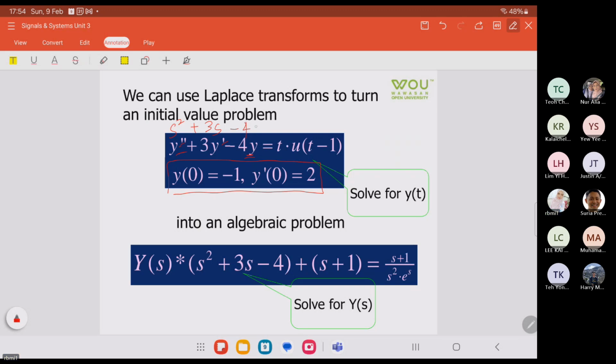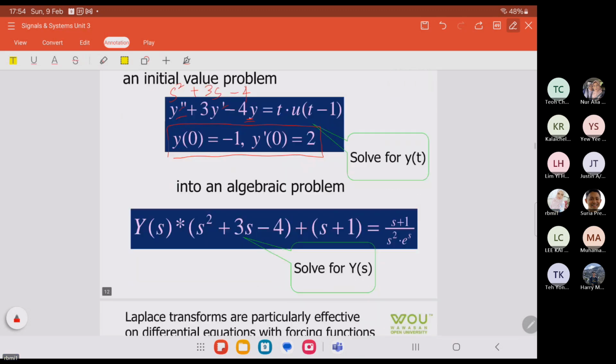So from there, s squared plus 3s minus 4 comes from this one. We can solve this to get the roots. There are a few conditions for the roots: they are either complex, or unique and distinct, or repeated roots. Once we get the roots, we can solve from there.